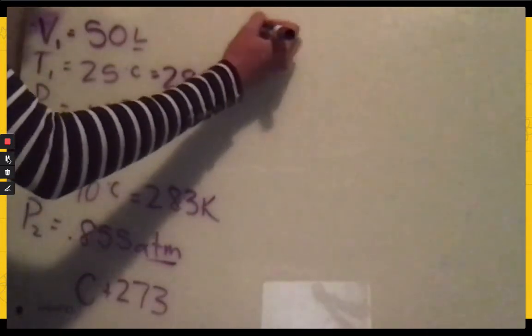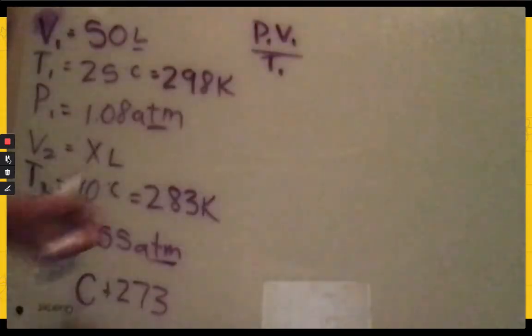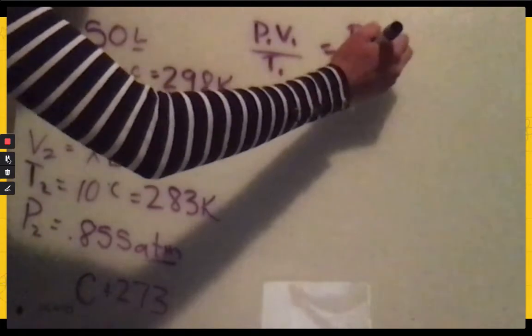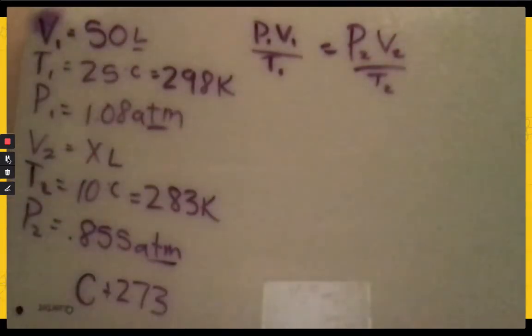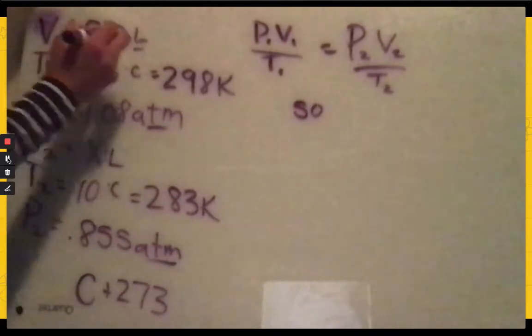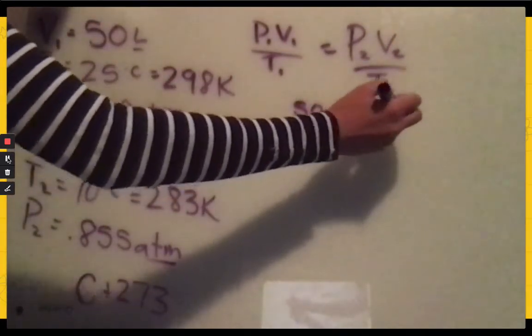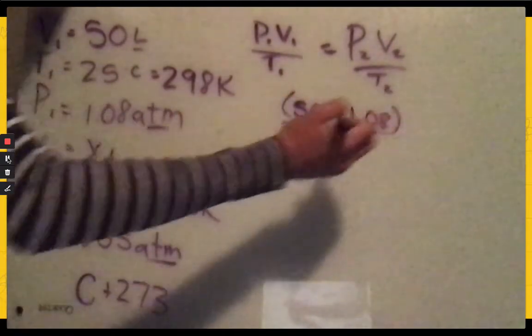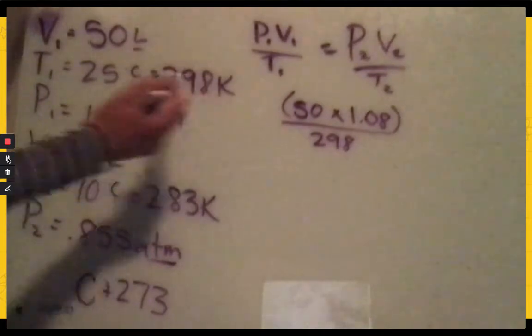Remember, our formula is P1 V1 over T1 equals P2 V2 over T2. So we're just going to plug into our formula like we did before. So we're going to have 50 V1 times 1.08 divided by 298 Kelvin. Make sure you're using this 298 number.